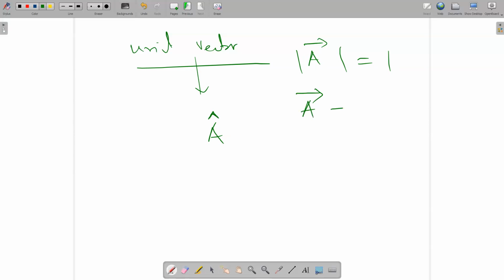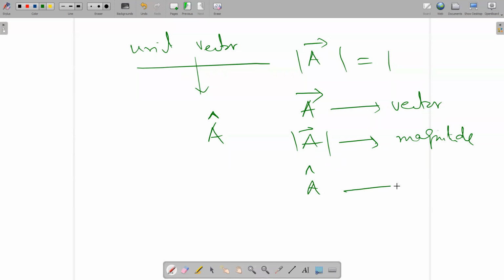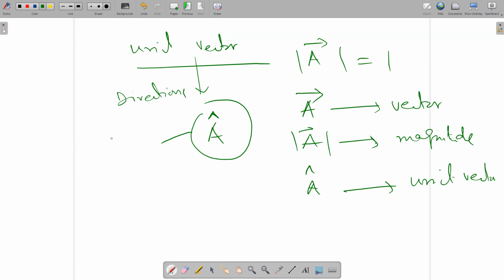This is called a vector, and this, without the cap, is called magnitude or scalar. If you write it like this, then this is called a unit vector. Unit vectors are used for directions. So a unit vector is a vector.